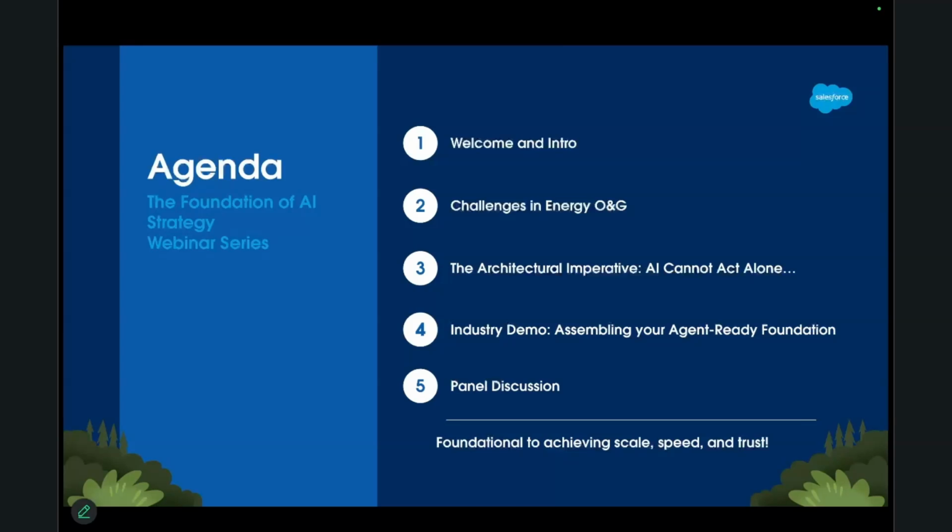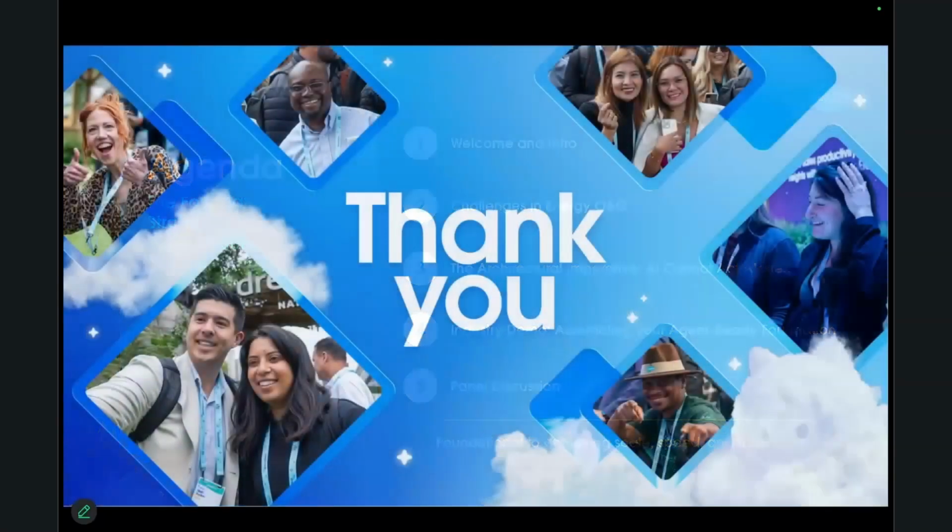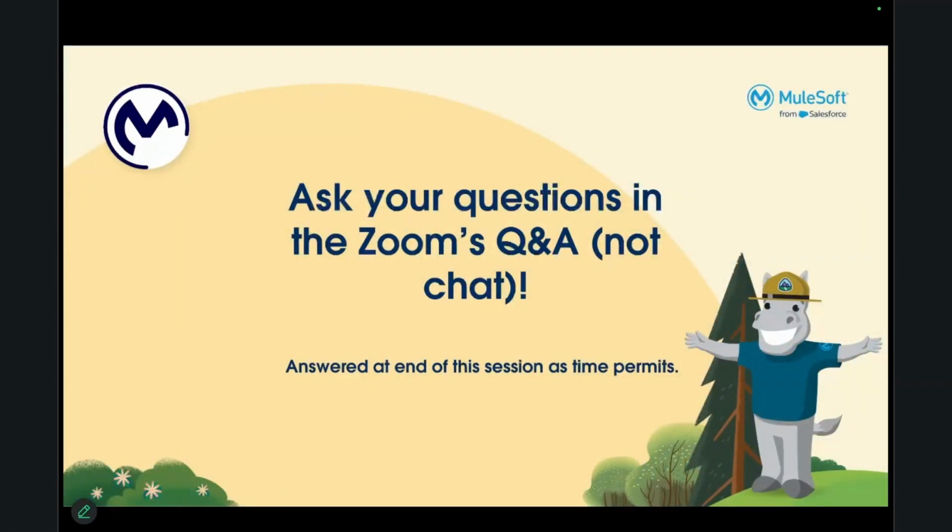This is planned to be a strategy that gives you everything you need to lay the foundation for the next wave of automation for your industry. Thank you for choosing to spend some time with us today. We hope to make this valuable, and we'll do the very best we can. Any questions that you have through the course of this Zoom session, feel free to hit the Q&A, and we'll get to those at the panel session at the conclusion of this.